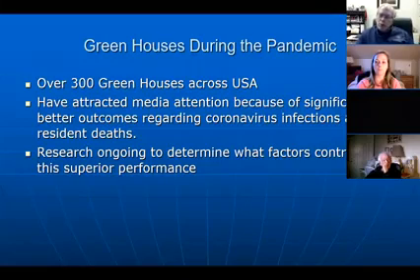The track record has been such that the number of COVID cases as well as the number of COVID deaths have been a fraction of what you would find in traditional nursing homes. And obviously there's a lot of research ongoing right now to determine what has contributed to that. And my best guesses, which I am pretty sure will be borne out when the research comes in, are on the next slide. And they pretty much are what you would expect.